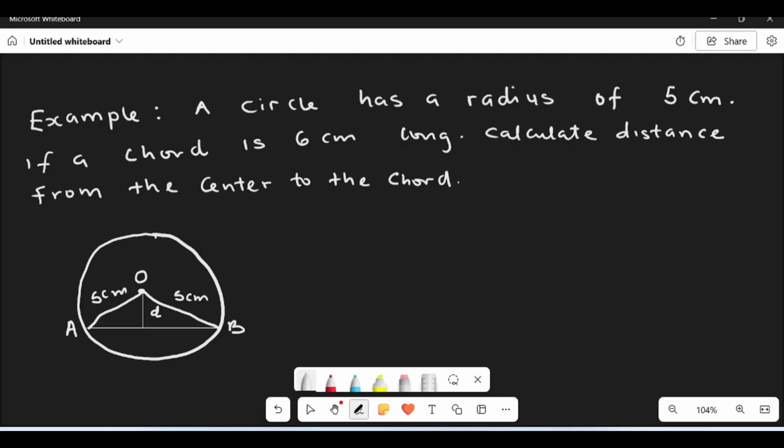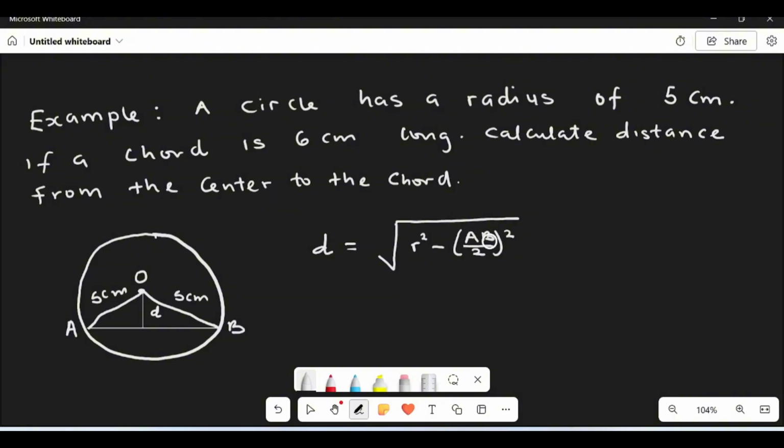And the formula that we can use to calculate D can be expressed as D equal to square root of R squared minus (AB over 2) squared. Our R is the radius of the circle.